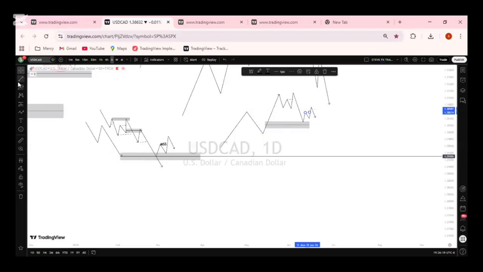So if we get a further confirmation, or a further break of structure from here, then we can see that now the lower time frame is aligning with our higher time frame.